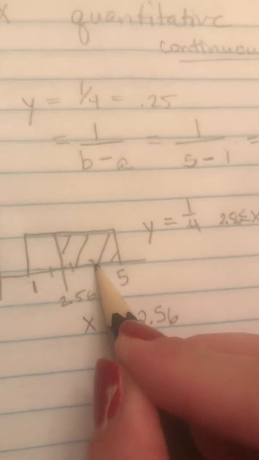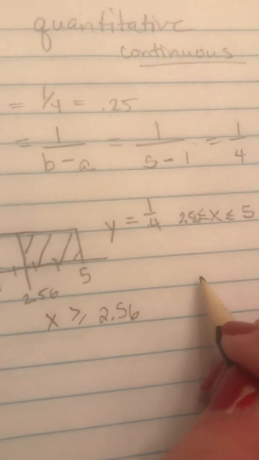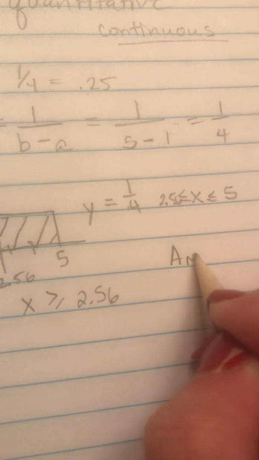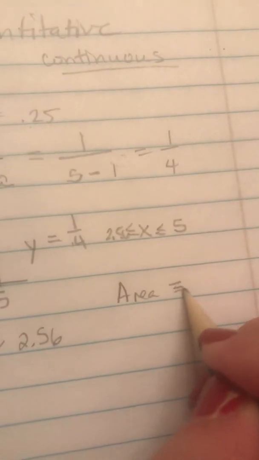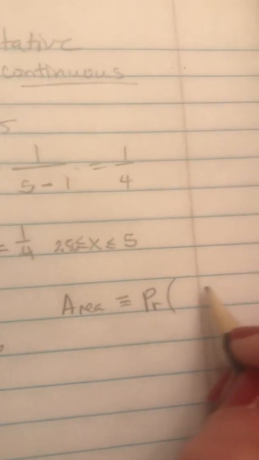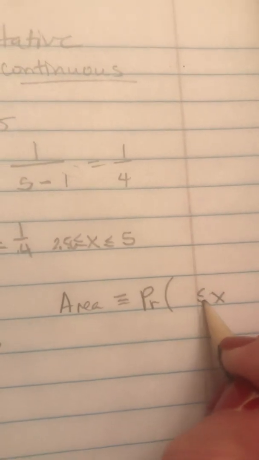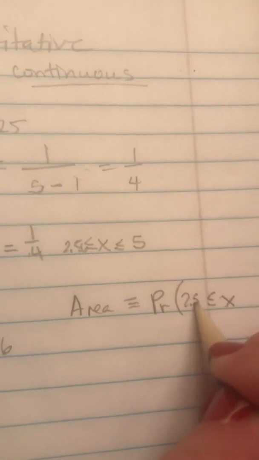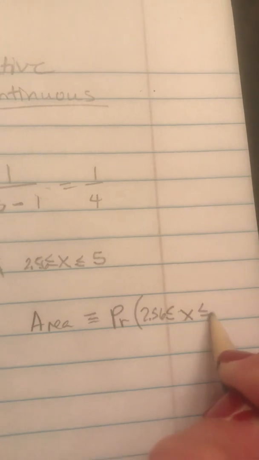So I have a rectangle. The area of the rectangle is the same as my probability that the x value is at least 2.56, but no more than 5. It can't be more than 5 because the probability is 0.